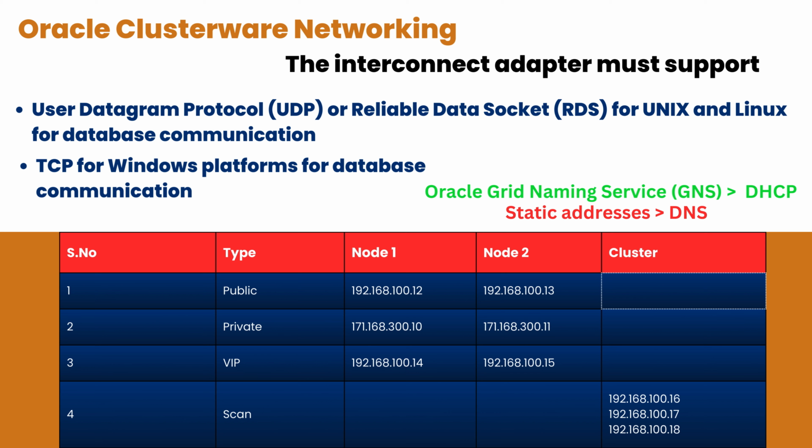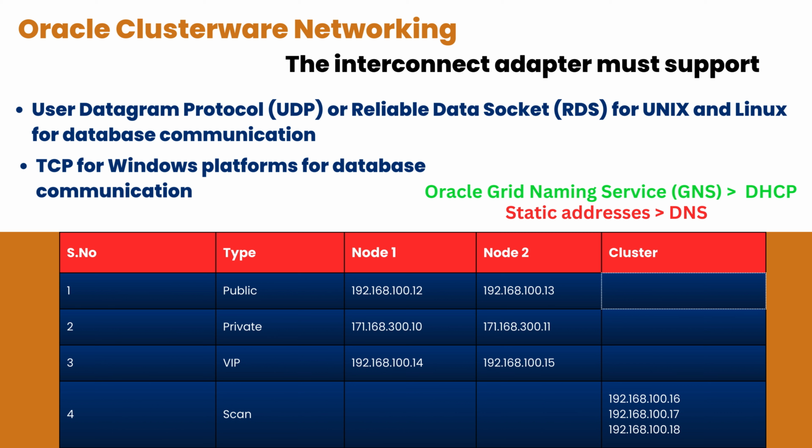For example, we have two public IP addresses, that is 192.168.100.12 for node 1, 192.168.100.13 for node 2. We have two private IP addresses, 172.168.300.10 for node 1, 172.168.300.11 for node 2, and we have two virtual IP addresses, that is 192.168.100.14 for node 1.